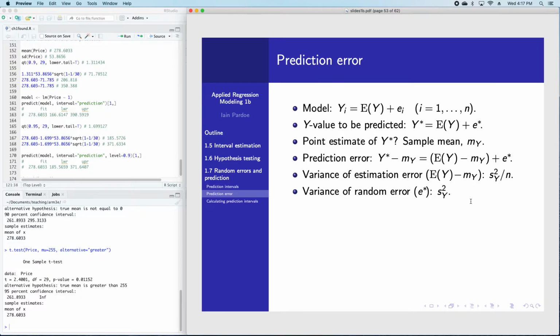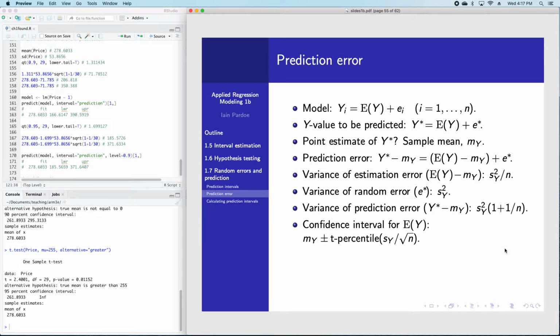We can add these two variances together to get the variance of the prediction error. The prediction error is y star minus the sample mean. So when we add these two pieces together, we get s_y squared over n plus s_y squared, and we can simplify that using this formula here, s_y squared times 1 plus 1 over n.